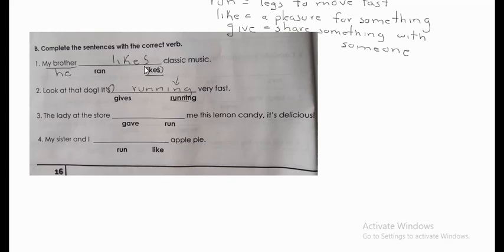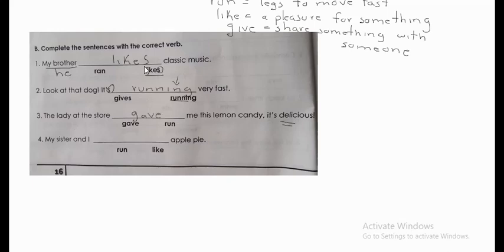The store is the place where we go to buy home supplies. The lady at the store gave me this lemon candy or ran me this lemon candy. It's delicious, okay? So the right answer here would be gave, okay?